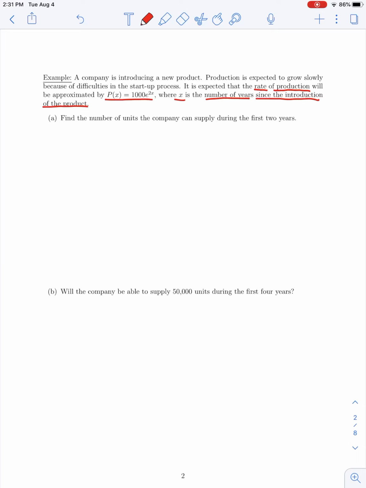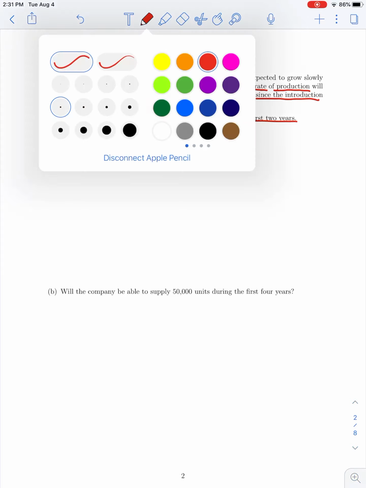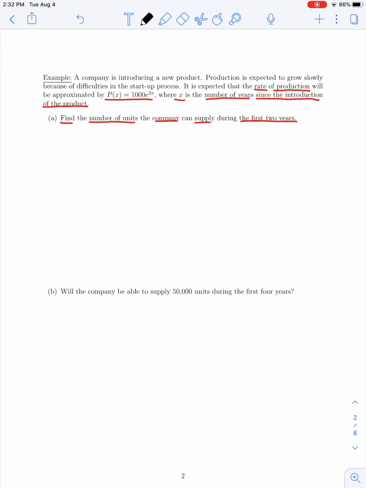In part A, we are asked to find the total number of units that this company can supply during its first 2 years. Since we have this rate function for production, p of x, the total number of units that they can supply in the first 2 years is given by the integral of this rate function over what x interval?